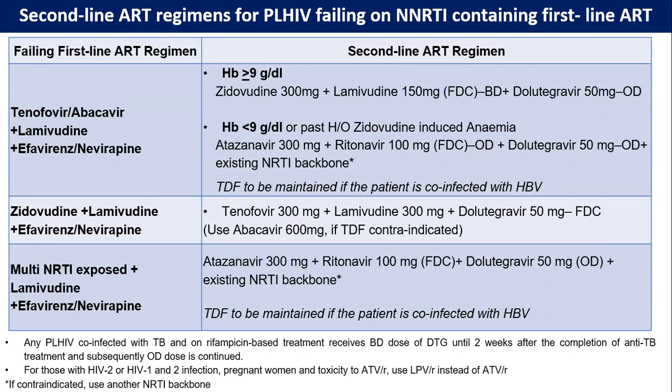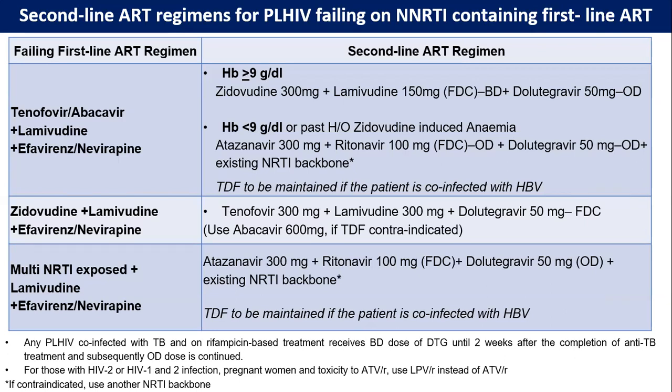For example, if there is CKD, chronic kidney conditions, or severe bone mineral density reduction, then we may go for abacavir. Then for multi-NRTI exposed with lamivudine and efavirenz or nevirapine, we are going for atazanavir 300 milligram, ritonavir 100 milligram, plus dolutegravir 50 milligram OD, plus the existing NRTI backbone.